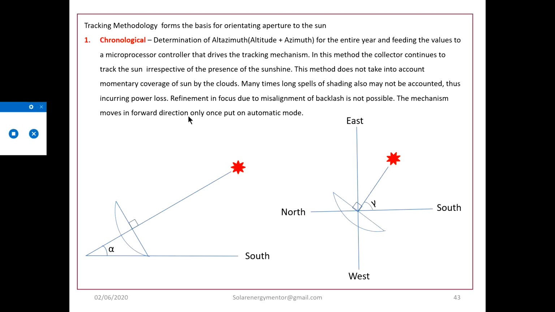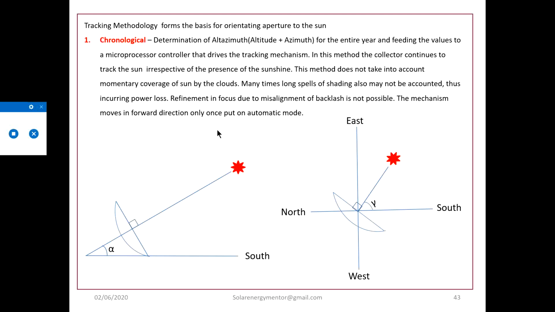It goes on continuously moving at the speed of the sun, and traverses its motion till the end of the day. Many times long spells of shading also may not be accounted for. Thus it incurs power loss, because the tracking mechanism is consuming power whether there is a shade on the collector or not. So this is not a desirable thing.